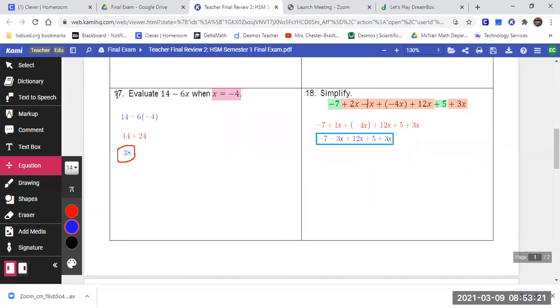Okay, so now we're going down to the next level. We're pulling together the negative 3x and the positive 12x, not the same sign. So we're going to subtract. What's the sign going to be for the answer when we are done subtracting?